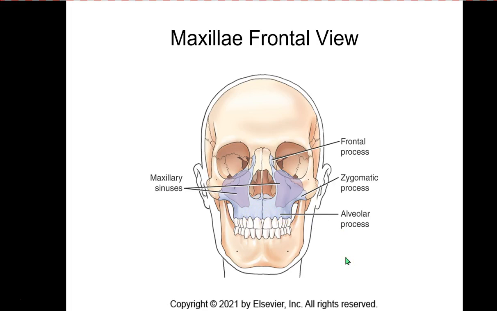The body of each maxillary bone contains a large air-filled cavity known as the maxillary sinus, and you can see that in purple here on our diagram. The sinuses, and remember we have 4 sets of sinuses, communicate with the nasal cavity and are collectively termed the paranasal sinuses. And we'll talk more about sinuses in another lecture.